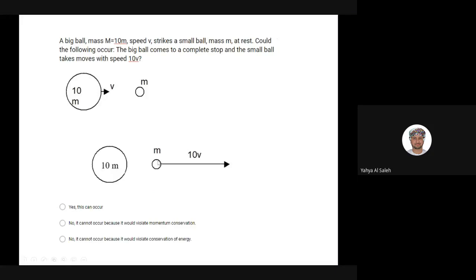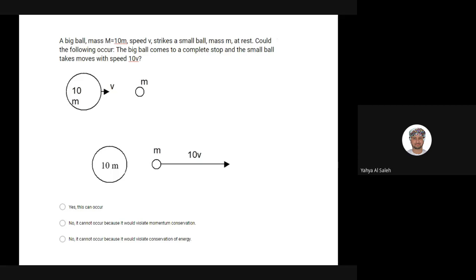If there's nothing else we do today, we need to know how to do this. Initially, you have 10m and velocity v, and finally, you have 1m and velocity 10v. Is that possible or not possible?